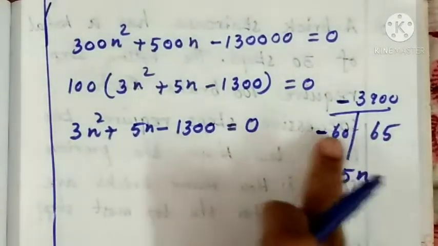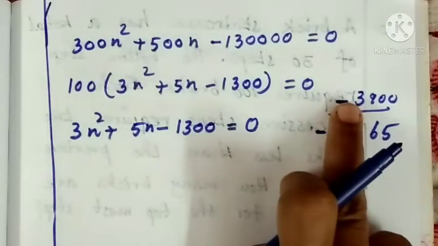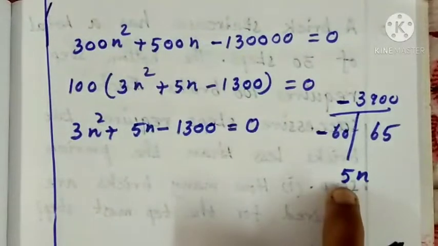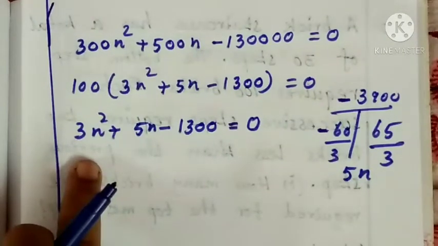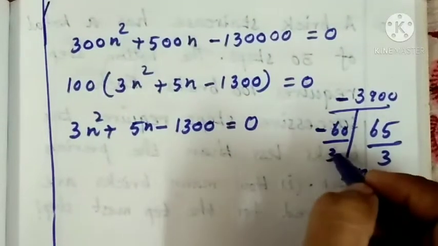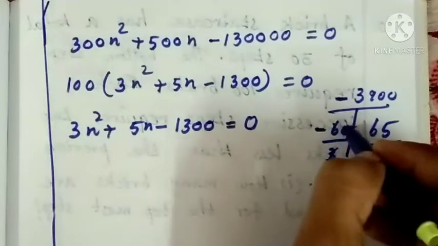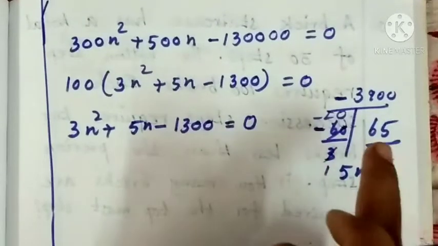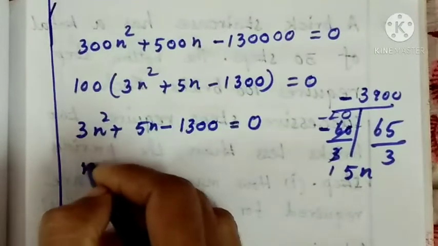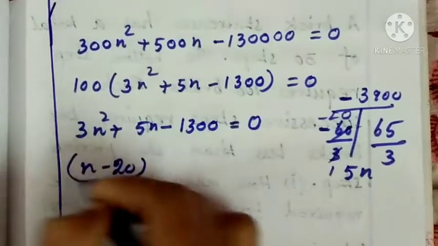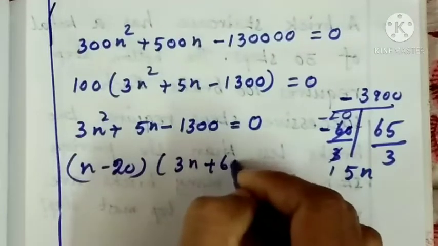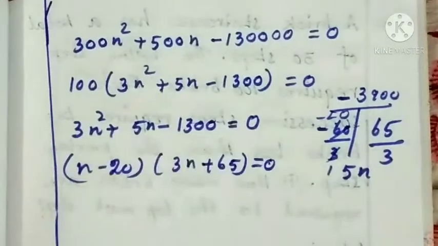You have to multiply this, we get minus 3,900. Subtract this, we get plus 5. Now you have to divide it by the coefficient of n squared, that is 3. Cancelling this by 3 table, we get 1 3 is 3, 23s are 60. Hence the factors are n minus 20 into 3n plus 65 is equal to 0.